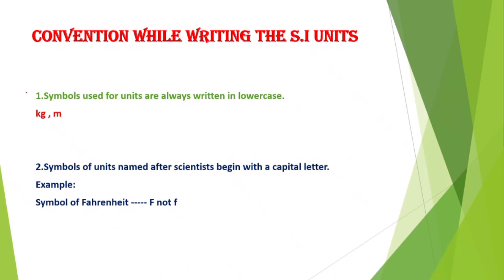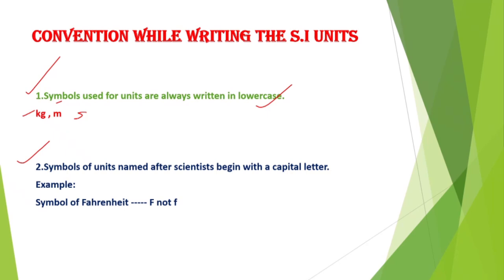First, symbols used for units are always written in lowercase. In a simple way, whenever you write units, you always write in small letters, like kilometer, meter, seconds, etc. Second, the symbol of a unit named after a scientist begins with a capital letter.